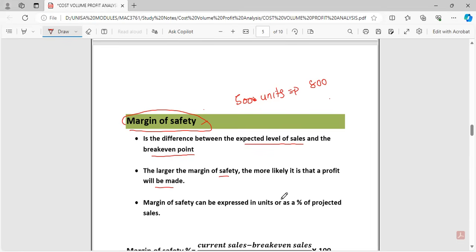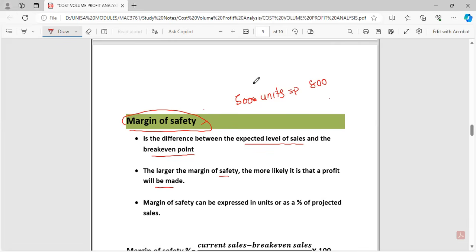But if you are working around the break-even point, then once the sales drop, you are going to accumulate a loss. So that's why it is best to have a higher margin of safety, so that in the event the sales are down, you can still be making profit.